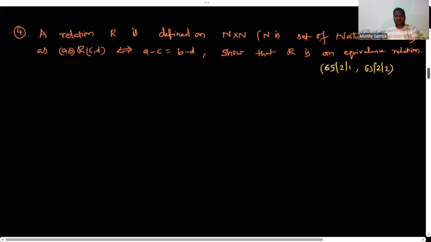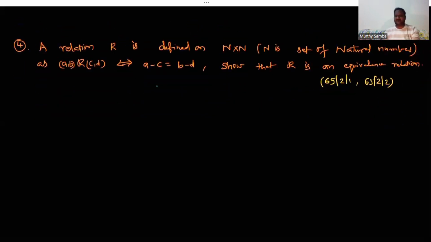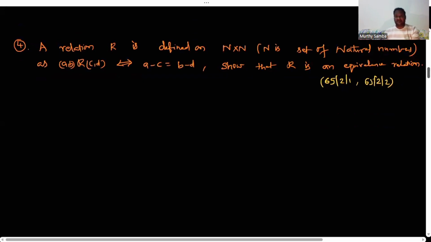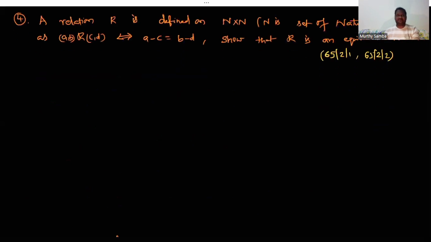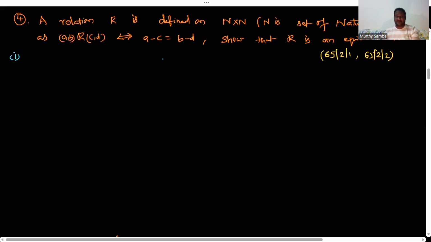So coming to the fourth question. See this, these kinds of questions will most probably be asked in any board examination, but you be very careful while answering these particular problems. Here the problem given is a relation R on the set N × N, the natural number system, defined by A - C = B - D. Show that R is an equivalence relation.